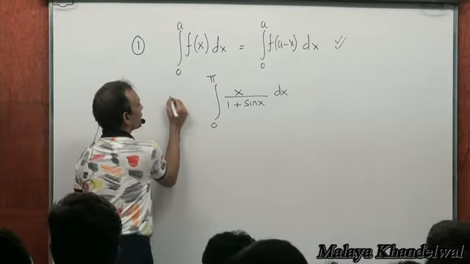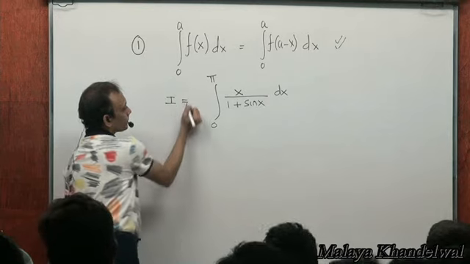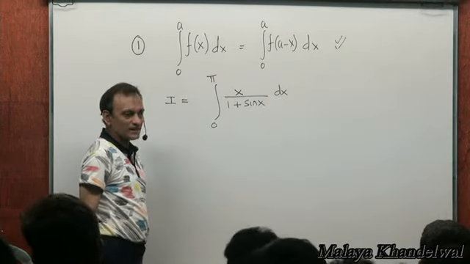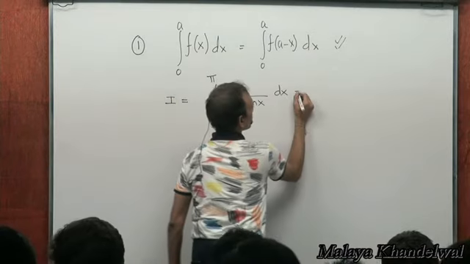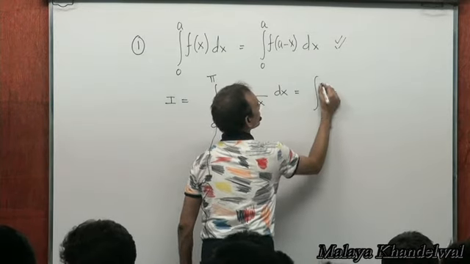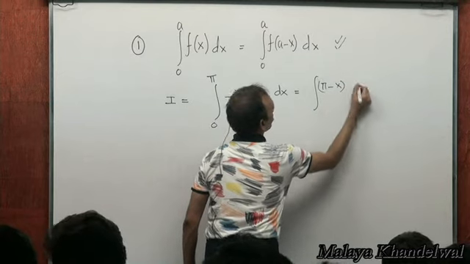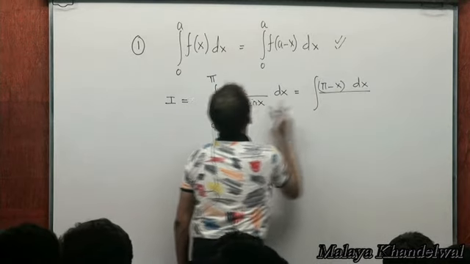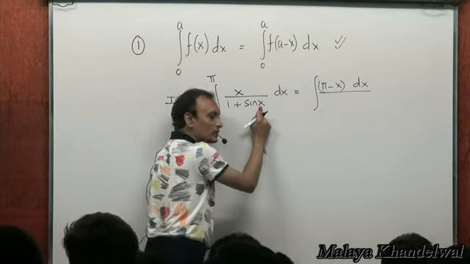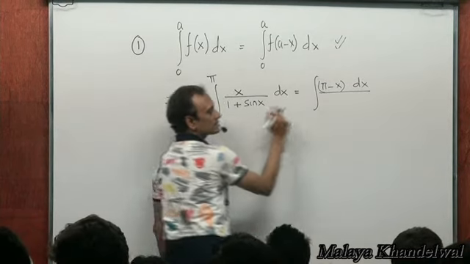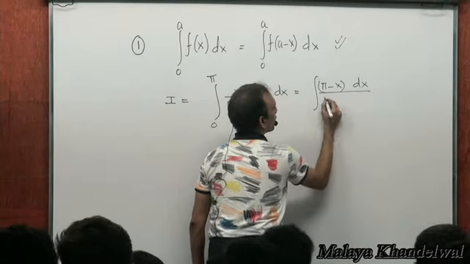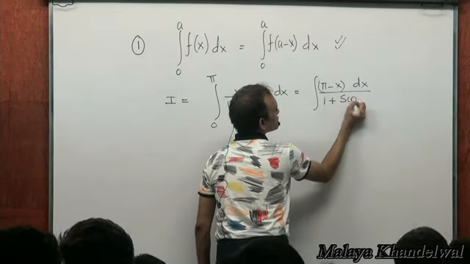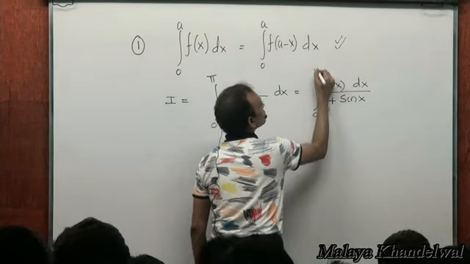Call it I. I can replace x by pi minus x, right? Then 1 plus sin of pi minus x will be 1 plus sin x, from 0 to pi.